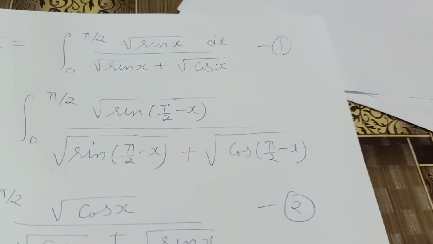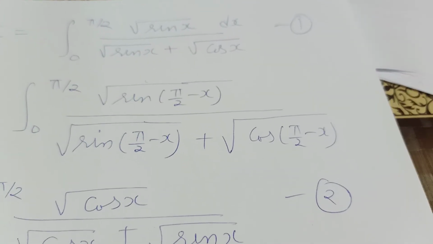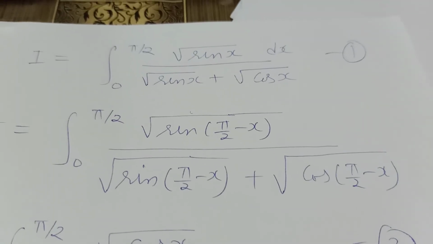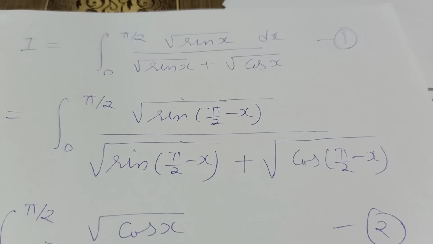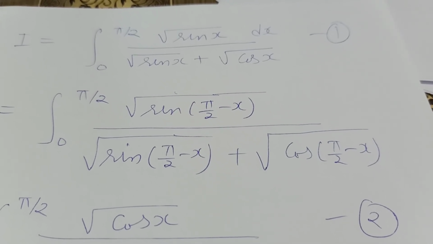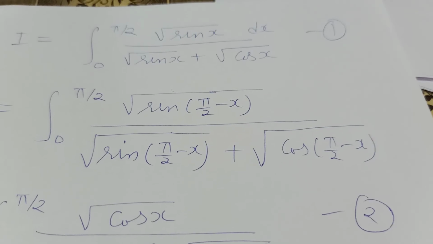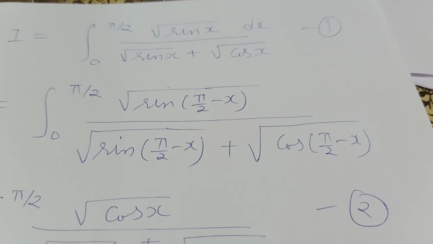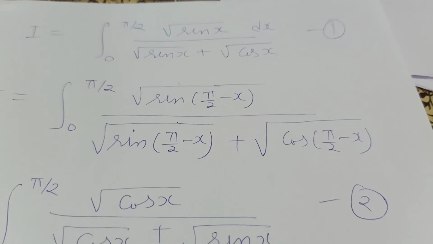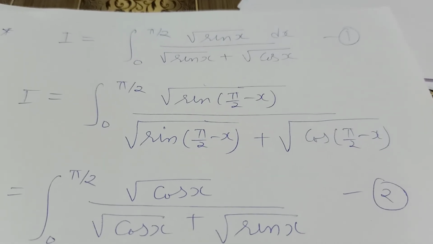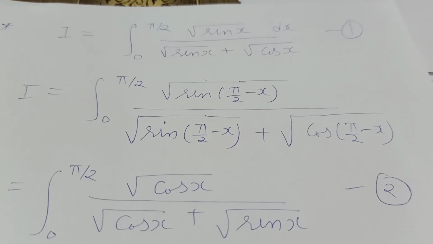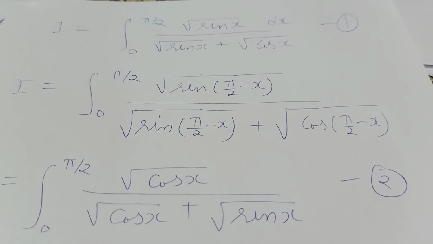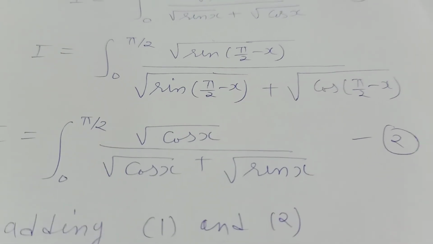So wherever we see x, we will replace it by pi by 2 minus x. We are seeing x in sin x and cos x, so we will replace the x of sin x by pi by 2 minus x, and we will get the second step. Now sin(pi by 2 minus x) is cos x, and cos(pi by 2 minus x) equals sin x. So we will get the third step.